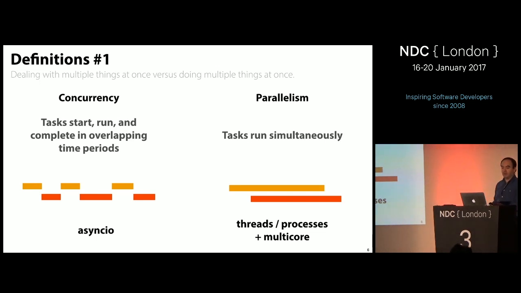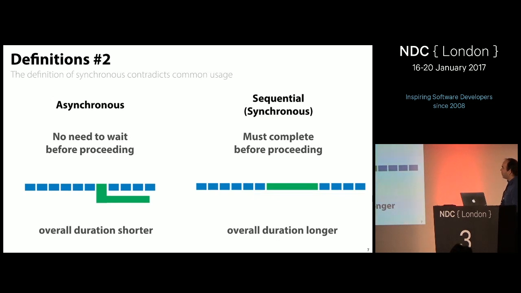So this is dealing with multiple things at once versus doing multiple things at once. It's important to understand the distinction here. So async IO is about concurrency, whereas threads and multiprocesses for true parallelism require at least more than one core in your computer.